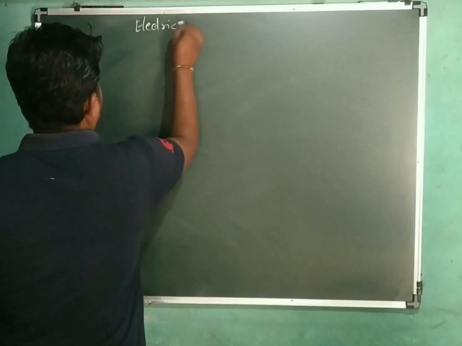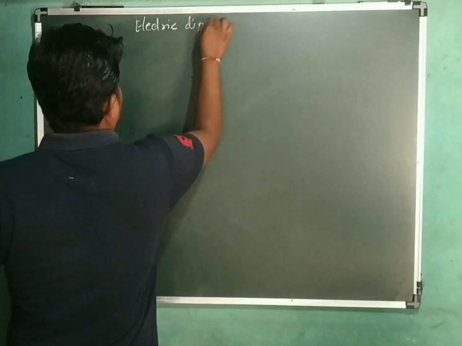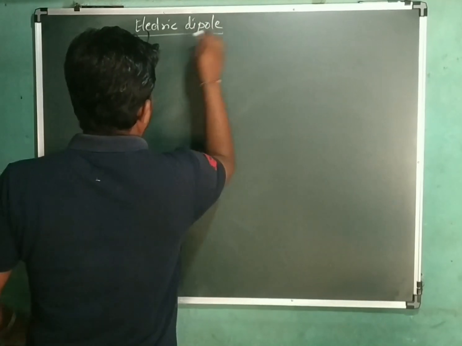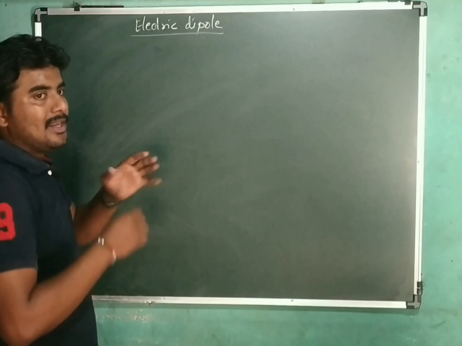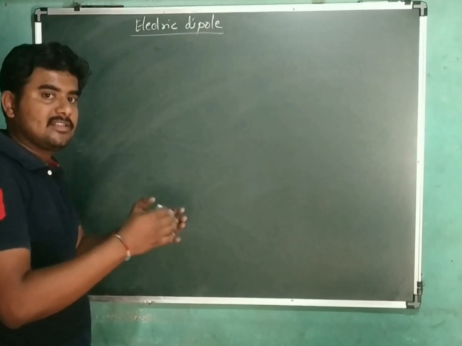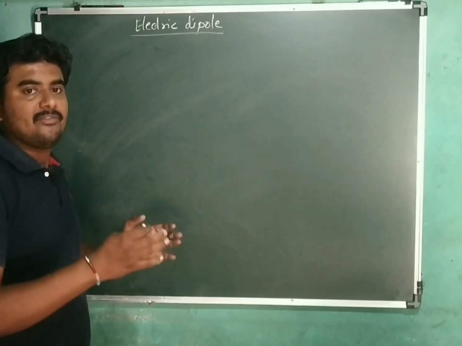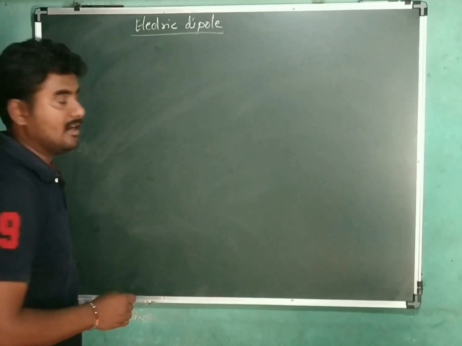Electric dipole. My dear students, as you can observe, di means two, electric means charges. Two equal and opposite charges, if they are separated by a finite distance, then for that system we call it an electric dipole.